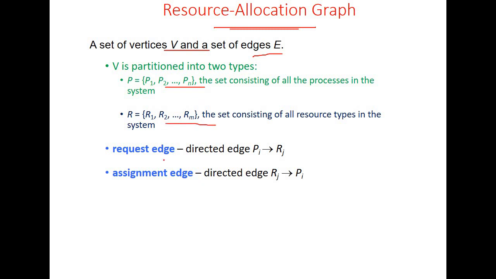There are two types of edges: one is the request edge, another one is the assignment edge. A request edge is nothing but a process requesting a resource: Pi is a process requesting resource Rj. An assignment edge is nothing but Rj is the resource assigned to process Pi. So R to P is the assignment edge.